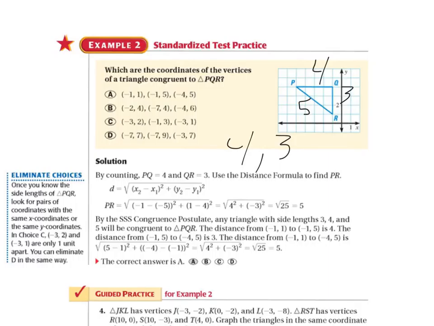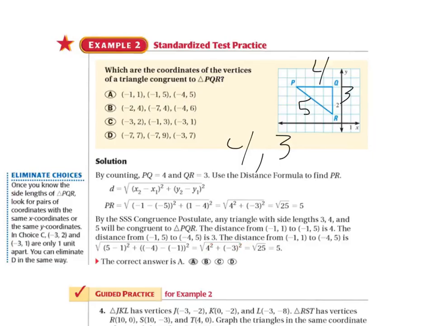And then we can go through and do the rest of the steps here. So you put the last part into the distance formula. We put in 5 minus 1 squared plus -4 minus -1 squared. We work that out, and square root of all of that. So we have the square root of 4 squared plus negative 3 squared.